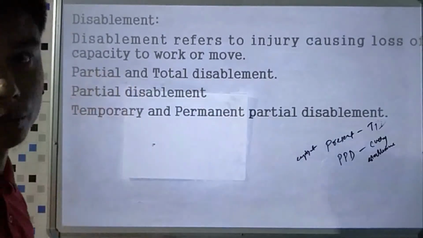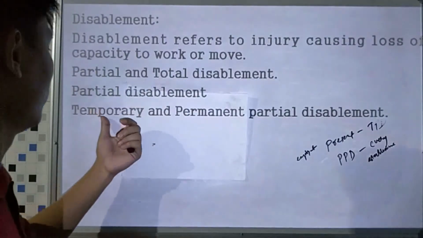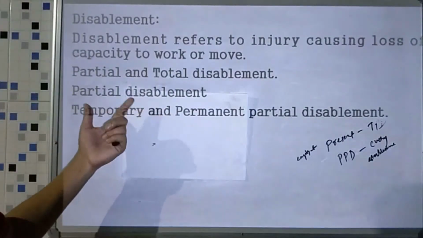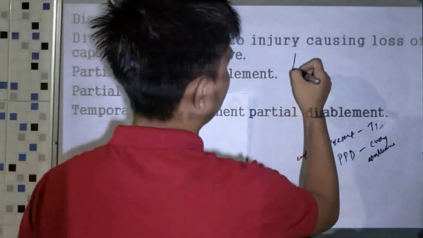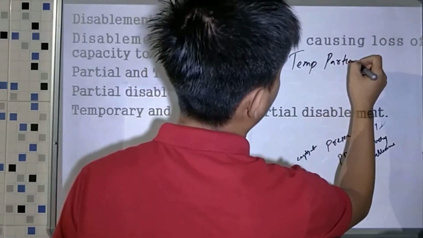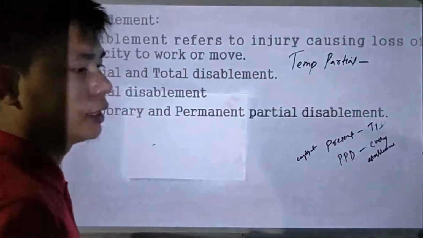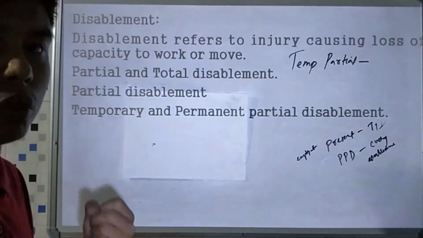What is partial, you know? And this partial has two things. One is temporary partial and permanent partial. So temporary partial, in a sense, let's say a crack in a hand, like you are unable to walk.